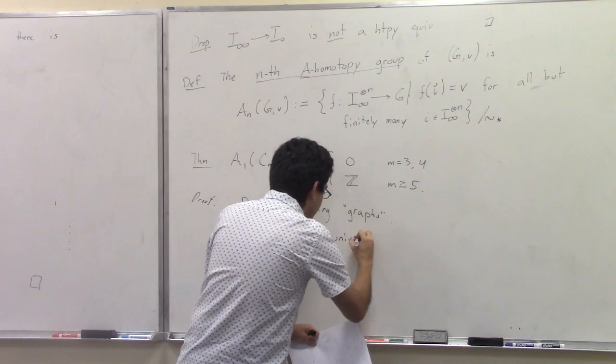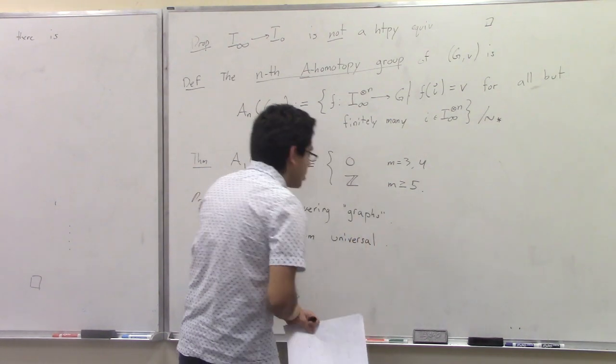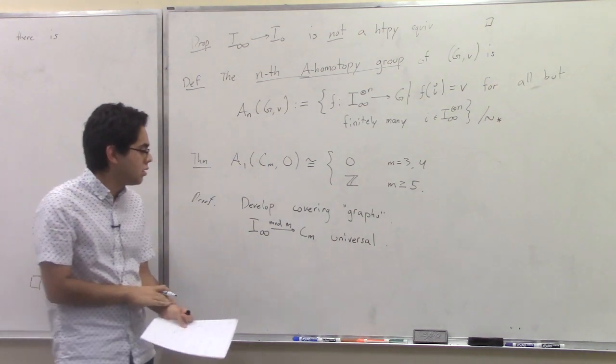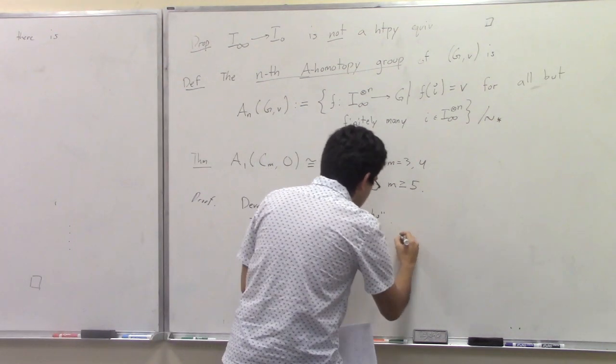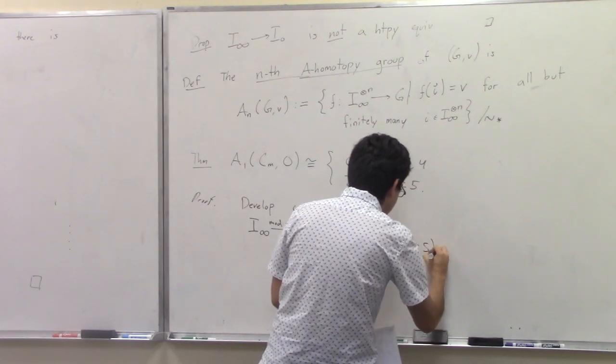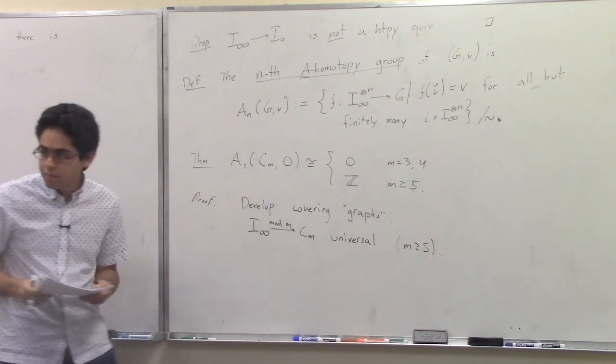So exactly what you would do in spaces to show that the fundamental group of the circle is Z. And this for large enough cycles.